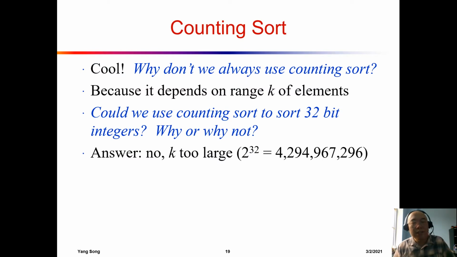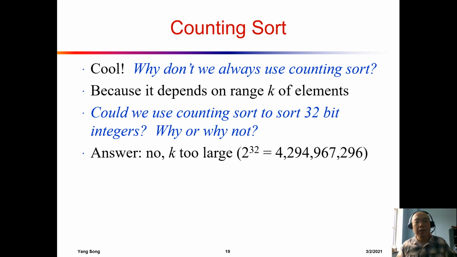So in this case, counting sort is not really the way to go. Usually we use the counting sort when k is a relatively small value, n is also reasonable, and we are only sorting integer values.